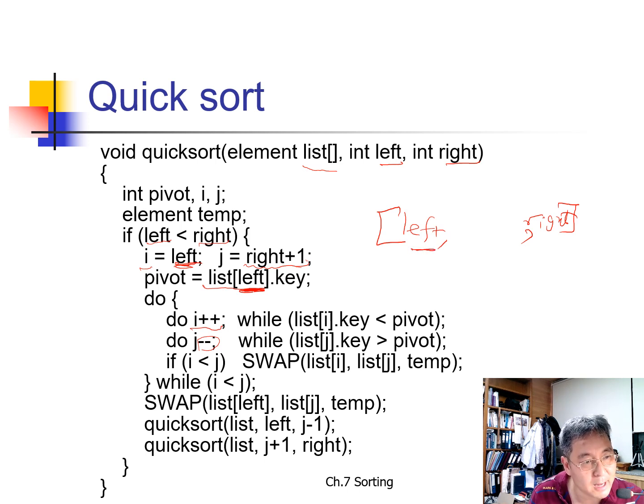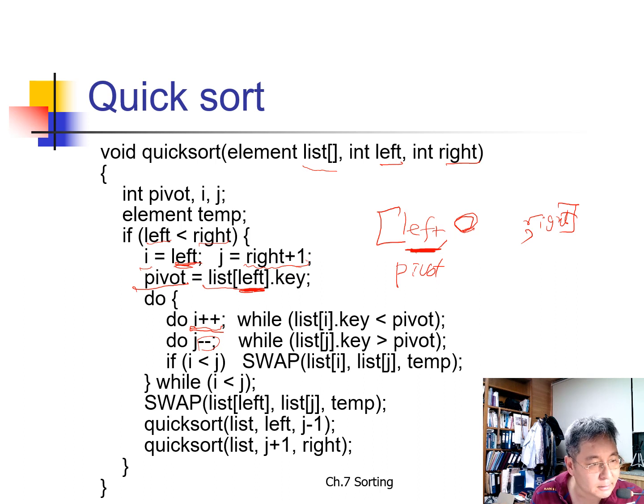The first data becomes the pivot value, and we start from the second element from the left, because I plus 1 means we increase 1 to the left.